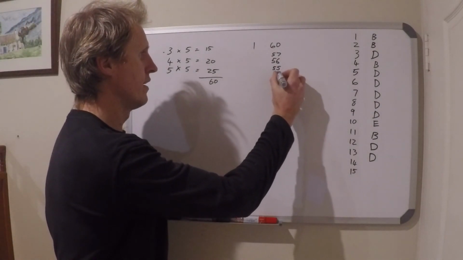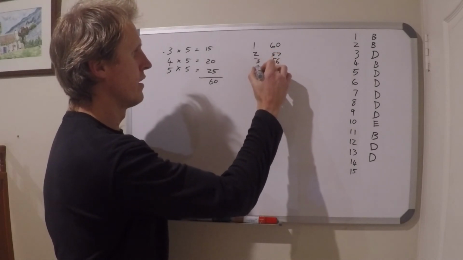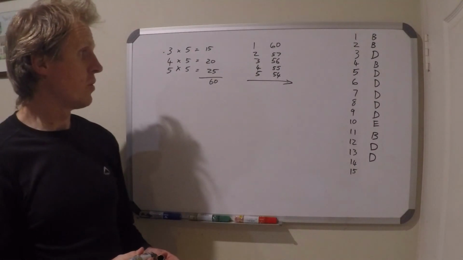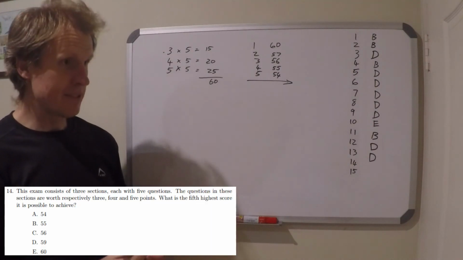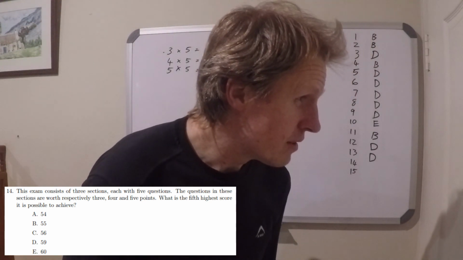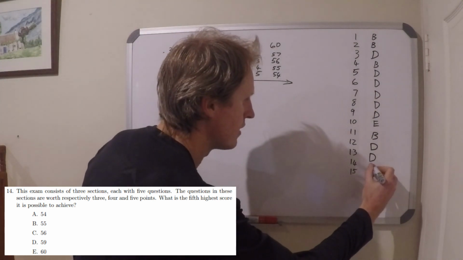So that's 1, 2, 3, 4, 5. The 5th highest possible score is 54 points, and that is the answer A.